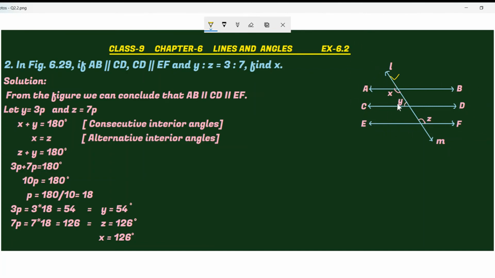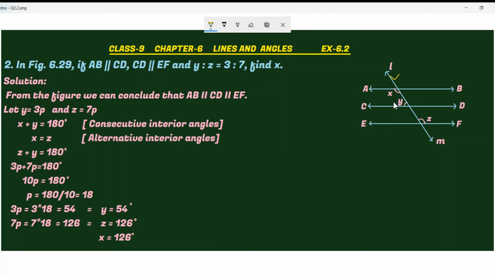We know the same side interior angles, also called consecutive interior angles, sum to 180 degrees, as I told in the first class.